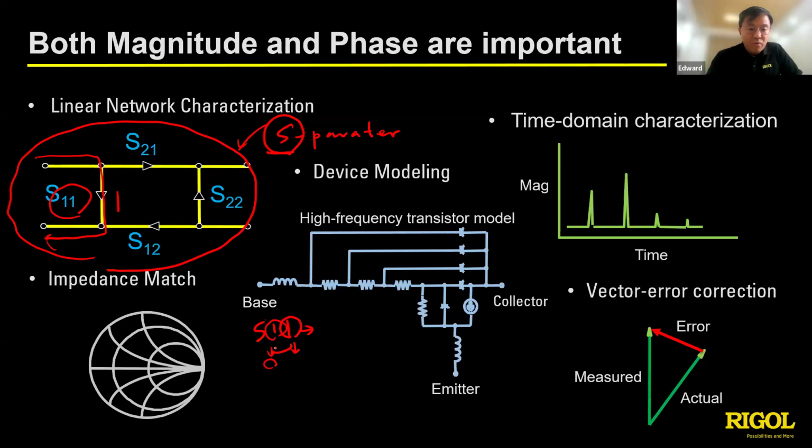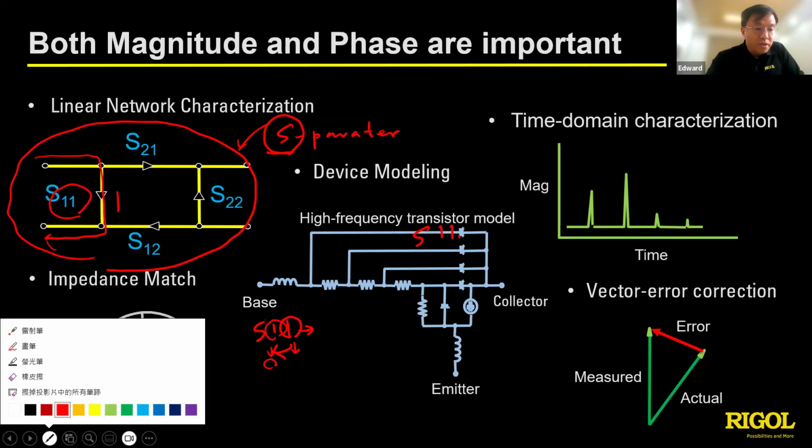So S11 means we transmit the signal from the left-hand side and get the reflected wave also from the first port. That is how you construct the S11 parameter. Okay, so you see here.